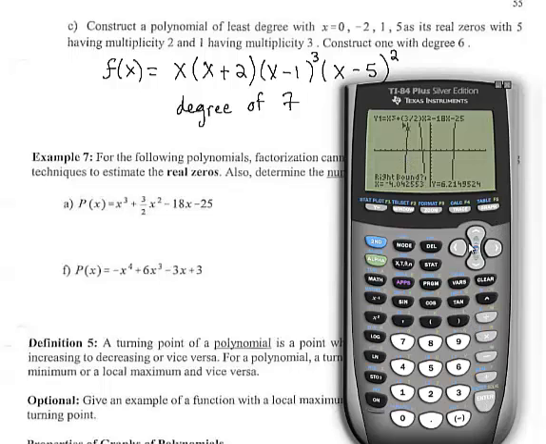Now I want to go to the right and hit enter, and then enter again. The calculator gives us x equals negative 4.3, and if I round it to the nearest hundredths, I get negative 4.33.